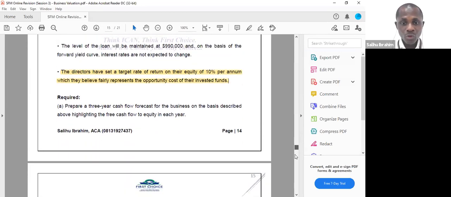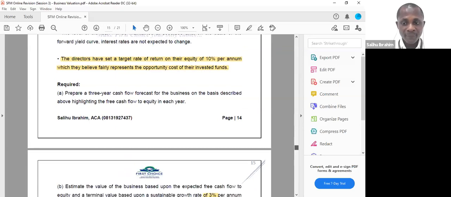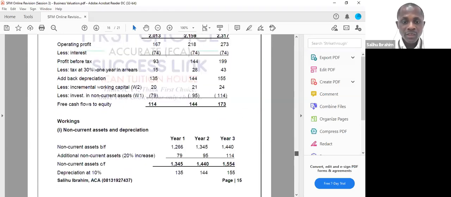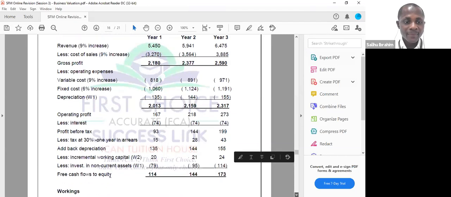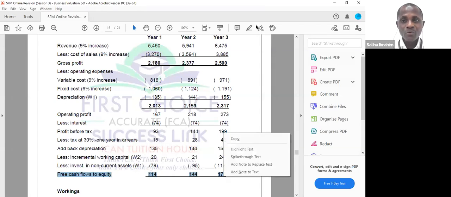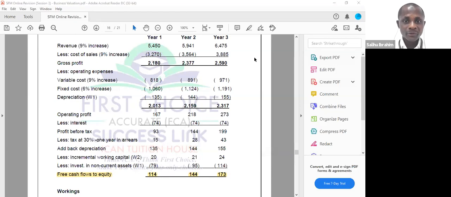So what will I do? I will discount these free cash flows using the cost of equity of 10% from year 1 to 3. And after year 3, I will grow it to year 4, and I discount to perpetuity. Okay? So let us continue.